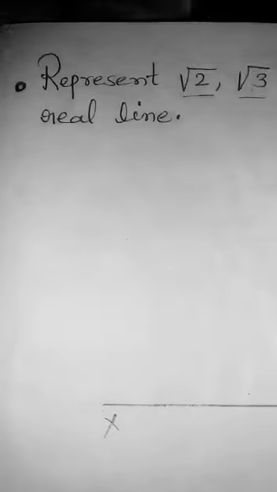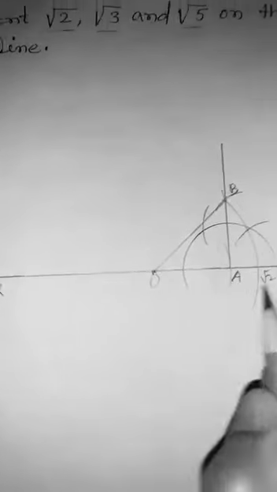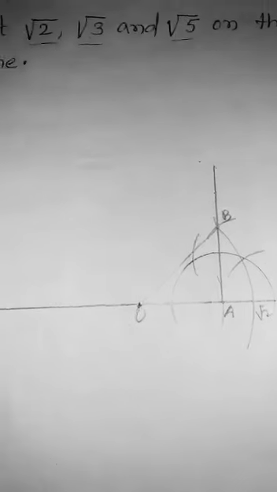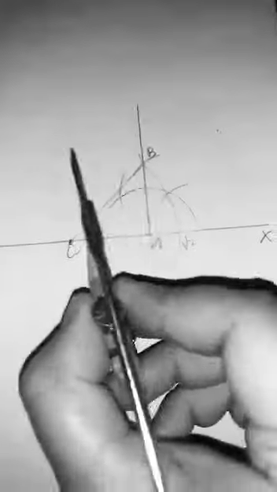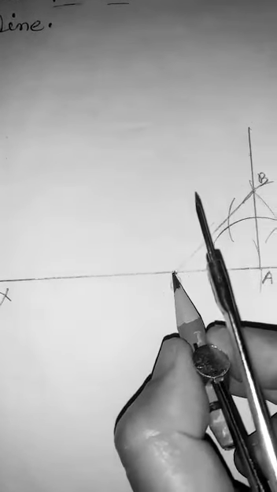For this, what you have to do, you draw a line. You draw a horizontal line XOX'. After that, what you have to do, you take O as center, you can say origin.